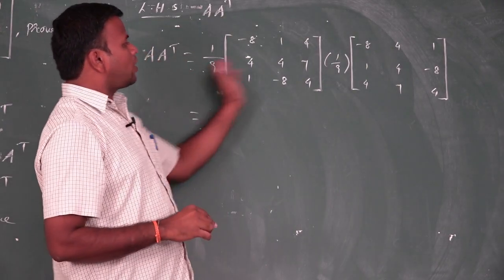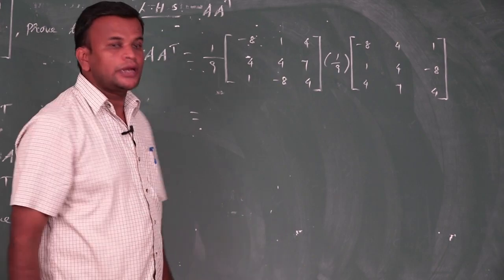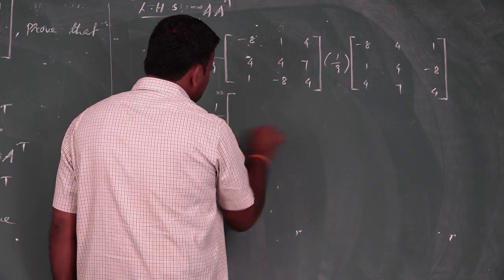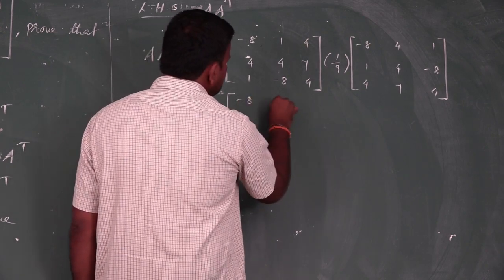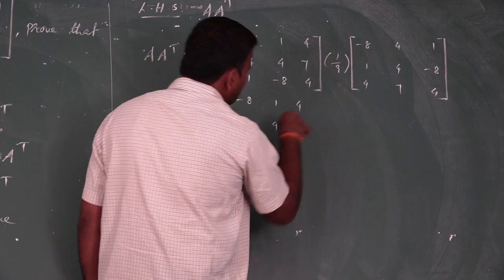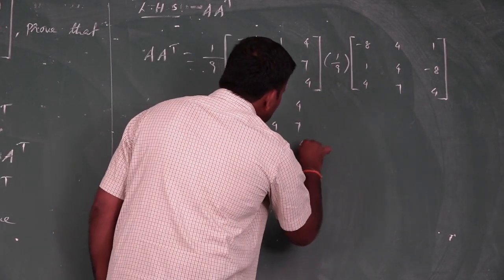First we multiply the outside elements: 1 by 9 into 1 by 9 becomes 1 by 81. Then we write the values of the matrix A: minus 8, 1, 4, 4, 4, 7, 1, minus 8, 4.